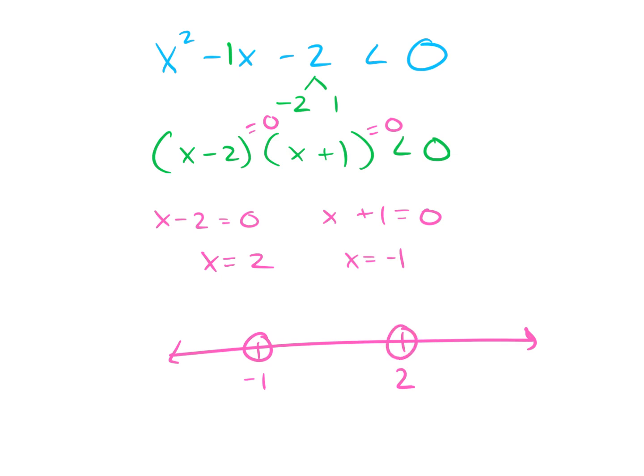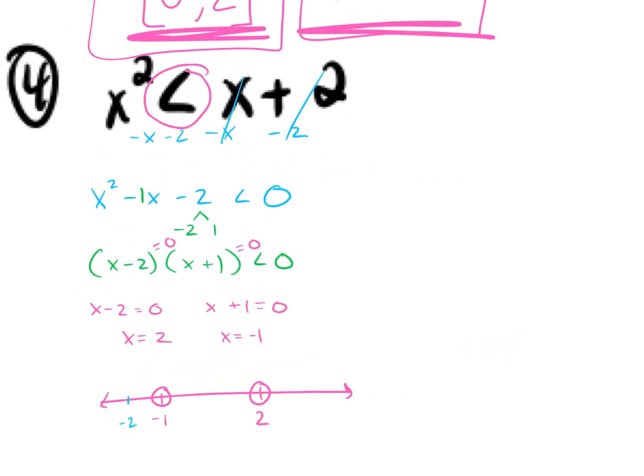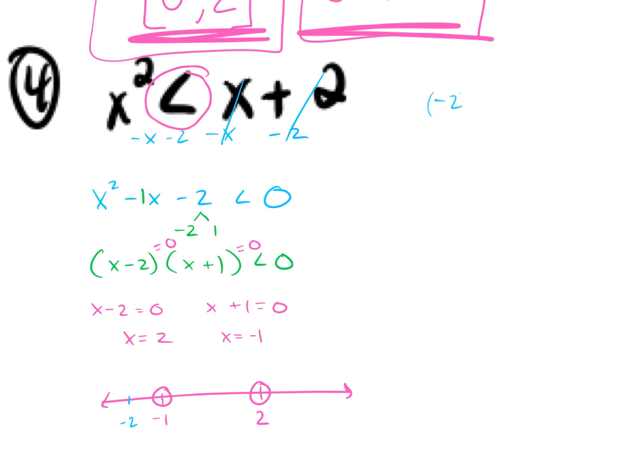Now we need to figure out if we're going to shade in between these 2 points or outside. So let's plug in a number outside. What's a number smaller than -1? -2. So let's plug it into our inequality up here. We have negative 2 squared is less than negative 2 plus 2. So 4 is less than 0. Is that true?